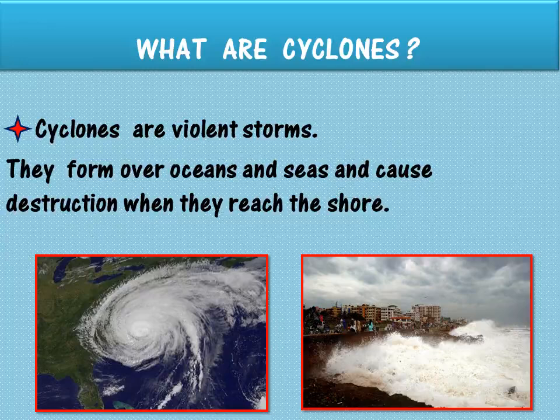Because of this low air pressure, the higher pressure air pushes inside it, and because of which the water as well as the wind moves up and forms a cone, which moves away from the water surface. So what are cyclones, children? Cyclones are violent storms.